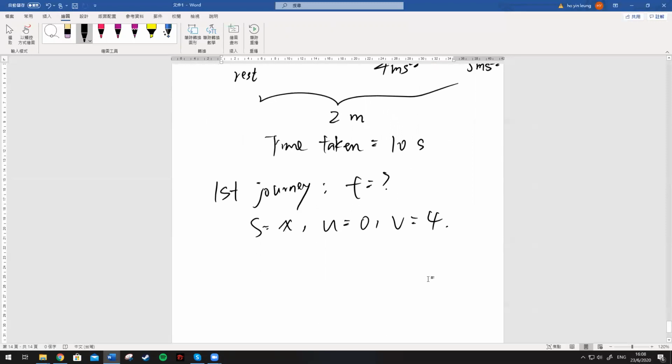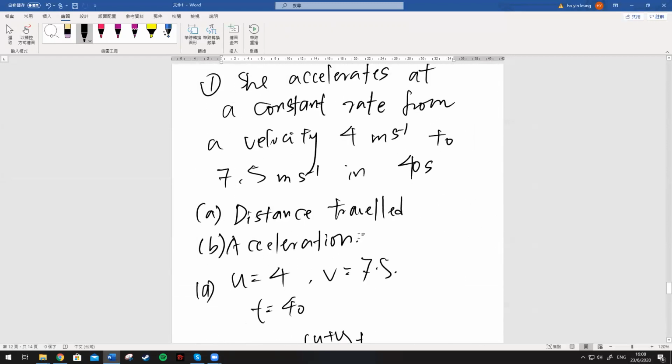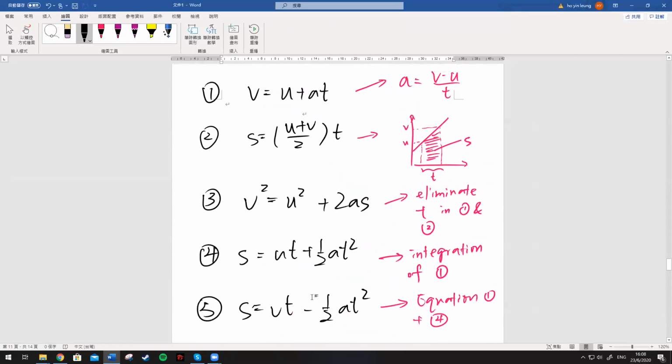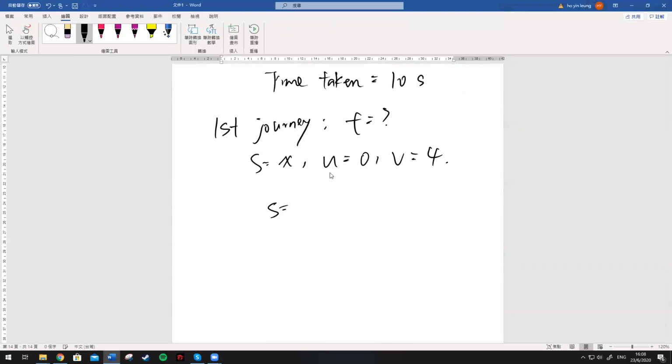Remember the equations above: if you have s, u, and v, you can use number 2, s equals (u plus v) over 2 times t.